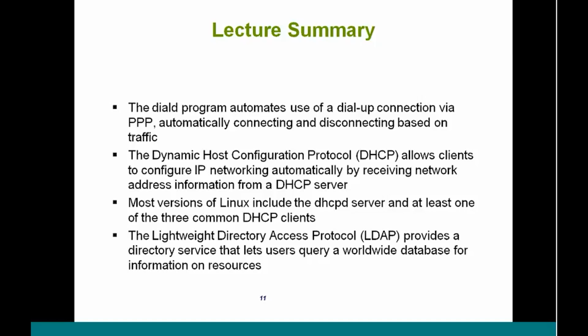Most versions of Linux include a DHCP D server and at least one of the 3 common DHCP clients. The lightweight directory access protocol, or the LDAP, provides the directory services that let users query a worldwide database for information on the sources. So again, we know about directories essentially.